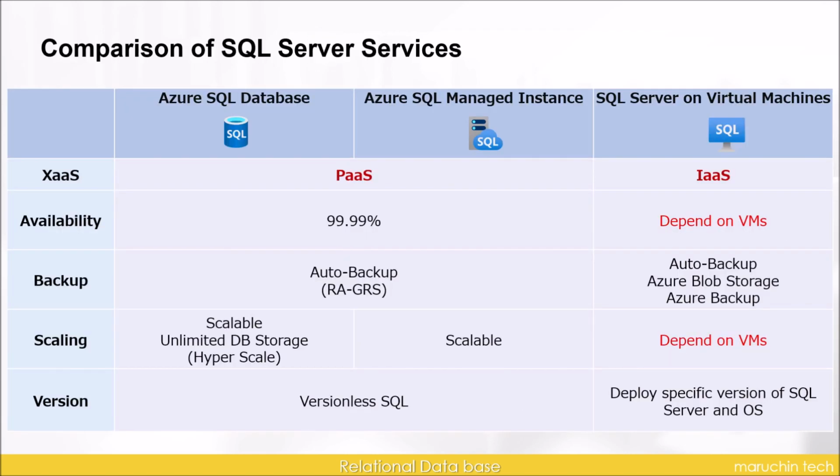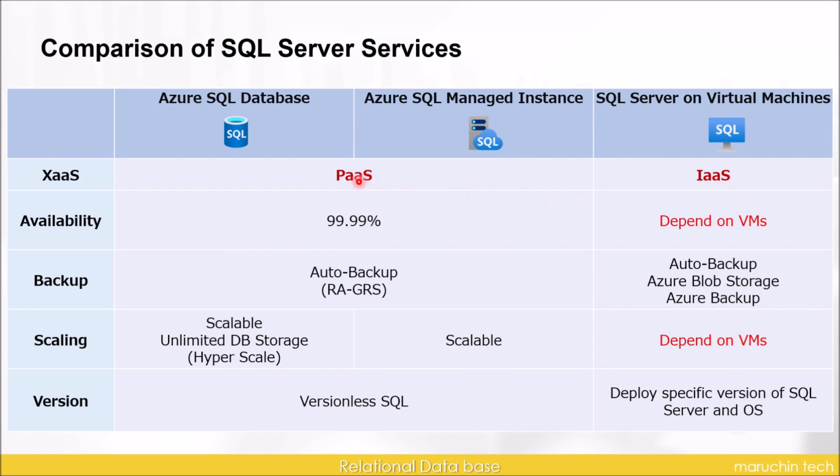This table lists the categories of the SQL services introduced so far. Again, SQL Database and SQL Managed Instance are PaaS, while SQL Server on a virtual machine is IaaS. In PaaS, the infrastructure layer is managed by Azure, whereas in IaaS, the user manages the infrastructure themselves.